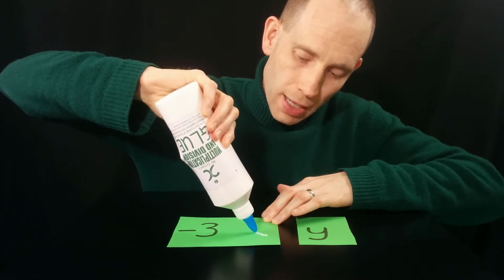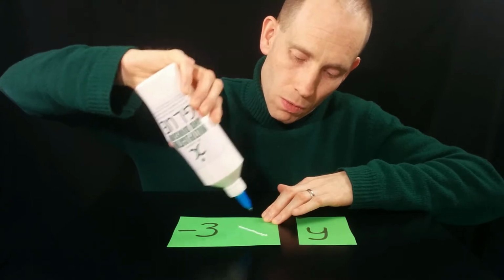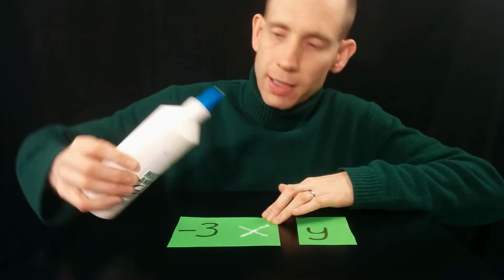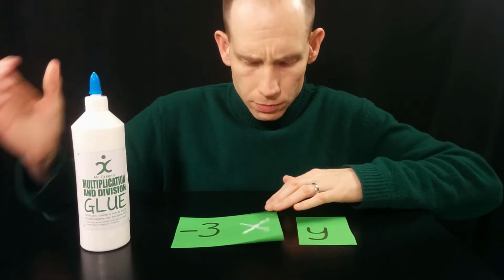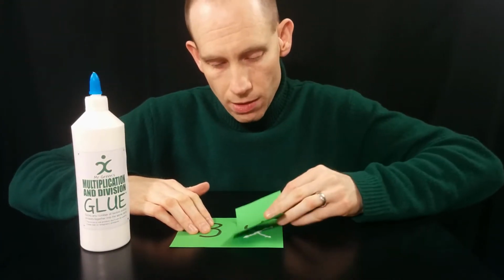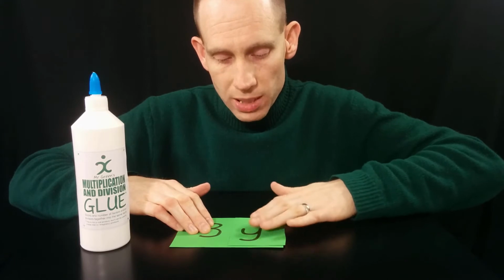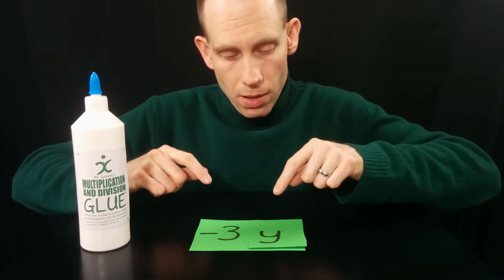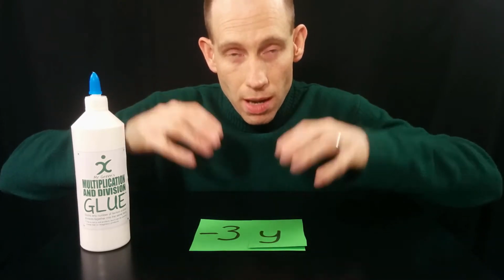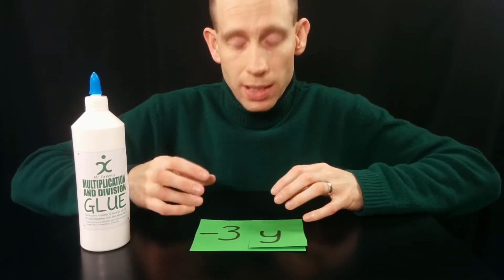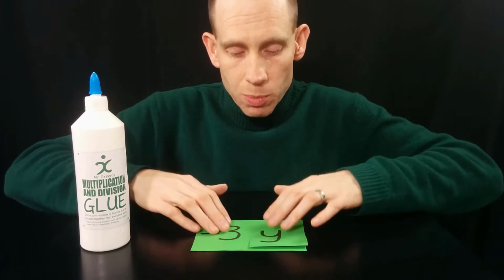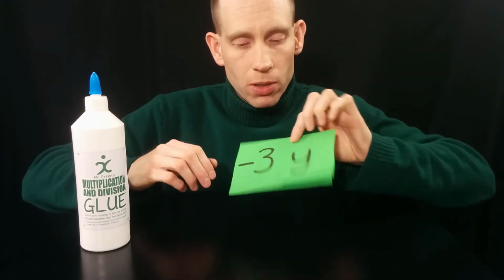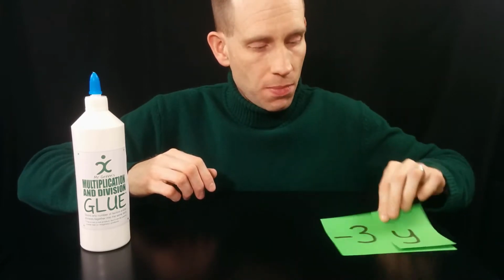So I'm drawing a multiplication sign with my glue, because multiplication glues factors together into the same term. And then I'm going to use that to stick on my y, completely covering that multiplication sign. So remember that if you're multiplying a number by a letter, you just put them next to each other without writing the multiplication sign between them. But that multiplication is gluing those factors together into that same term. So I've got a -3y term there.